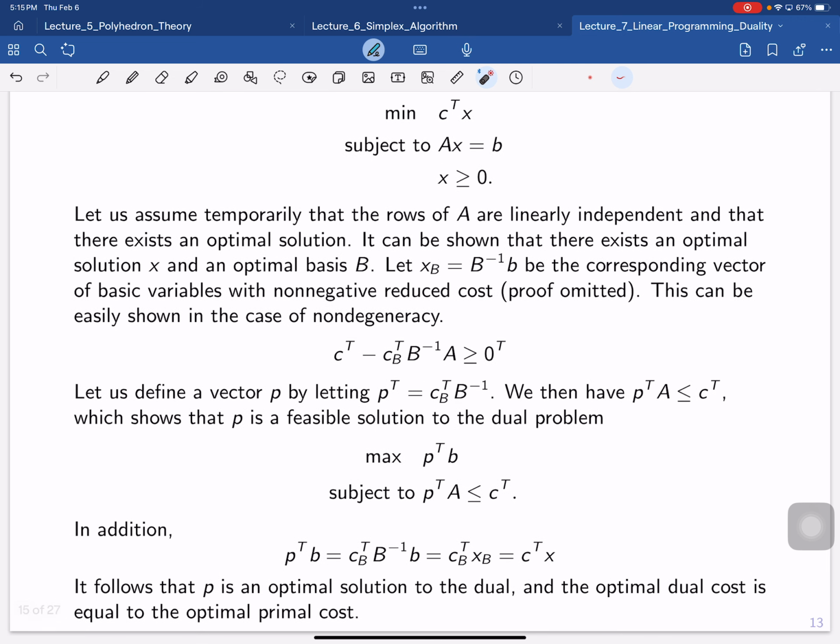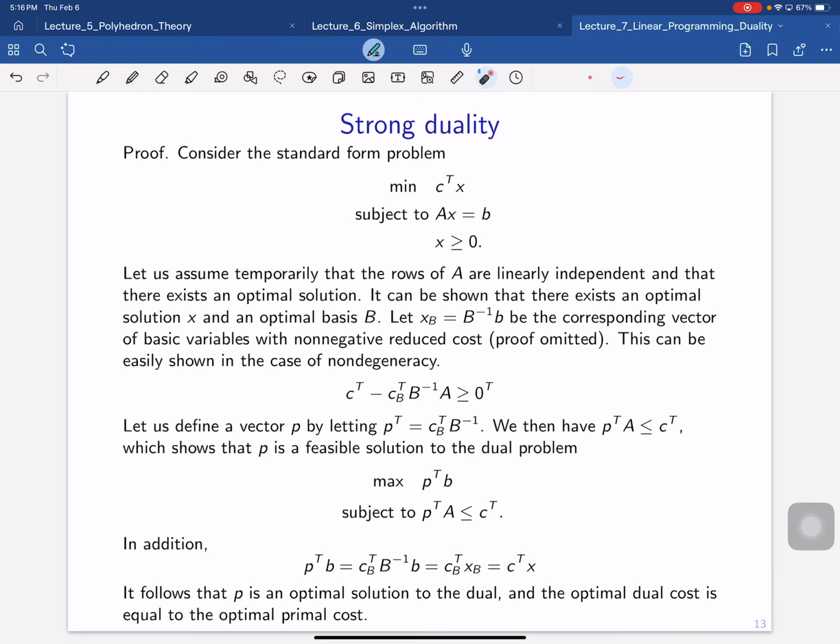Then if you calculate the objective of the dual and the objective of the primal, you will get that the dual objective equals the primal objective if you set this to be the dual variable. You could check that is the case. Therefore, you do have a primal solution and a dual solution which give you exactly the same objective, so strong duality holds. Of course, we need the assumption that at the optimal solution the reduced cost is non-negative.